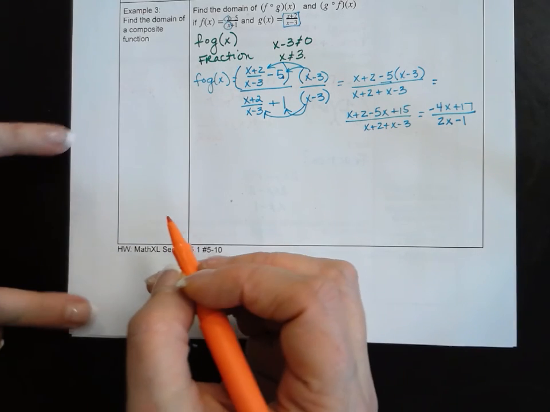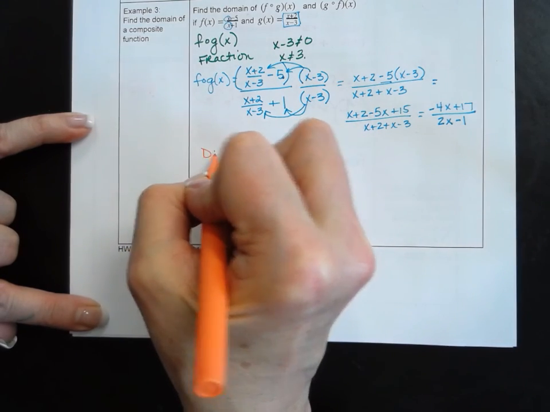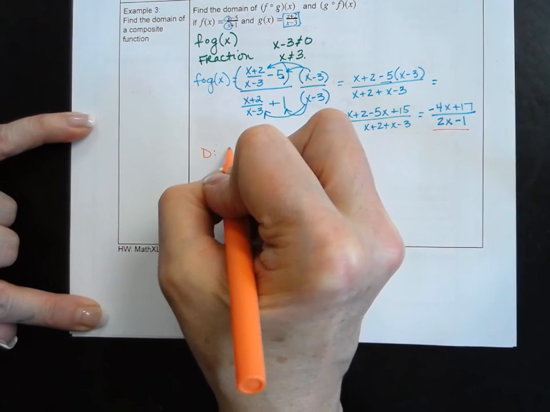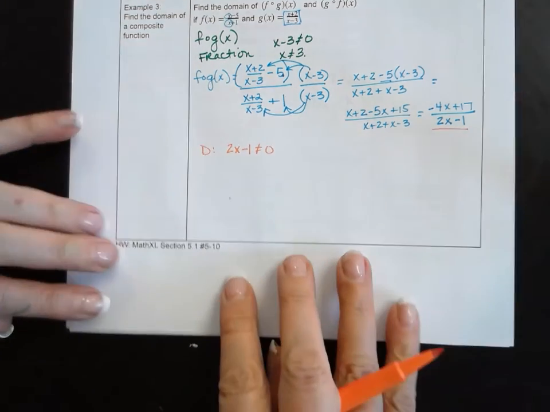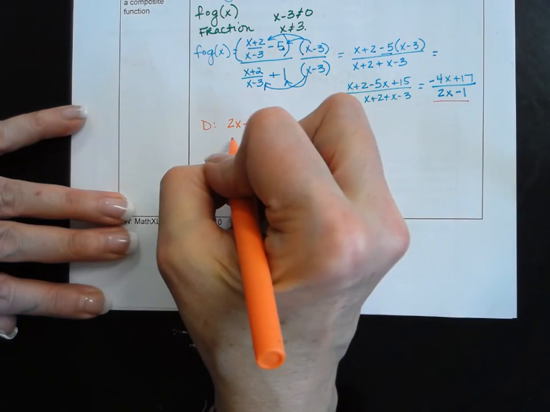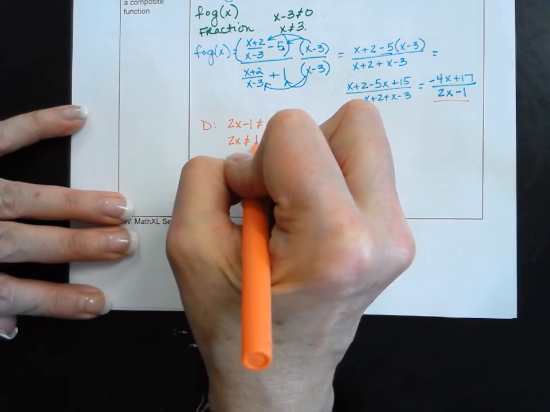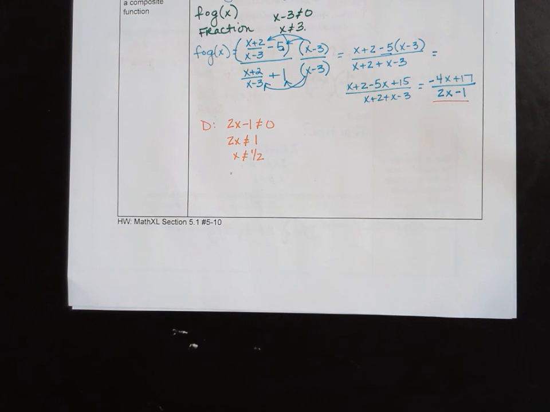All right, so let's find the domain of the composite. I have a fraction, so 2x minus 1 cannot be 0. So 2x cannot be 1, so x cannot be 1/2. Good.